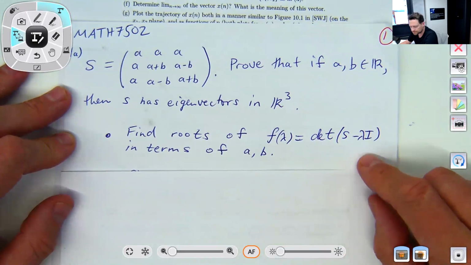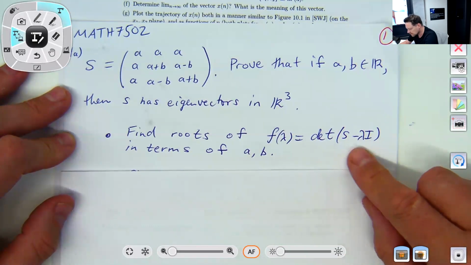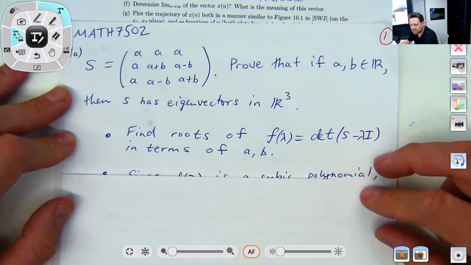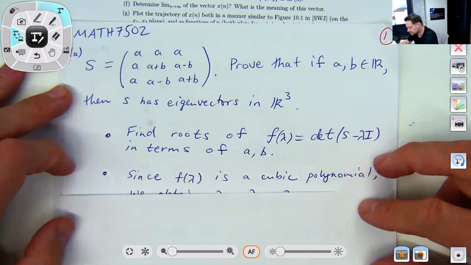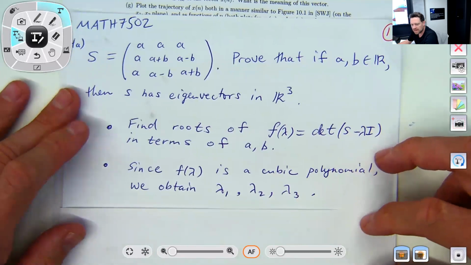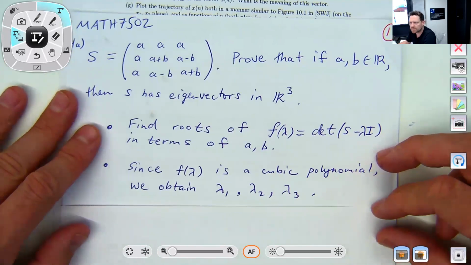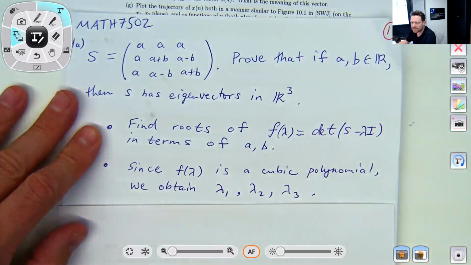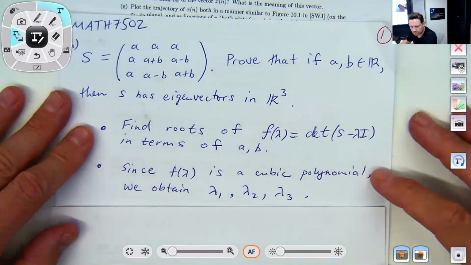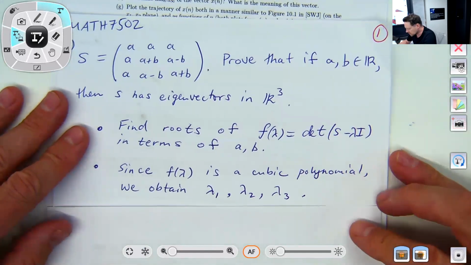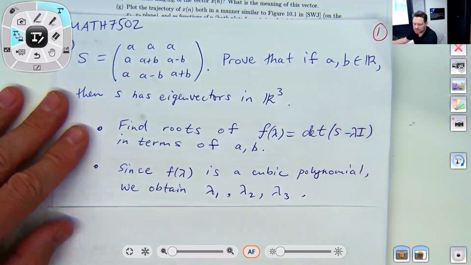Once you've got that, your next step should be to label them lambda 1, lambda 2, lambda 3, because you need to correspond those to particular eigenvectors.